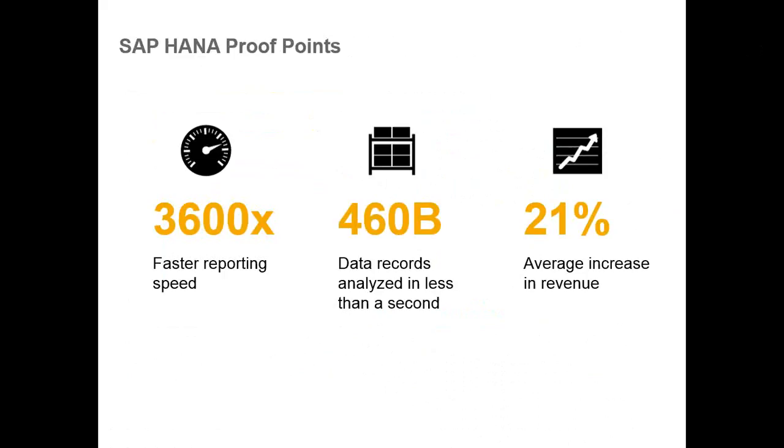If we implement SAP HANA, the table can retrieve and show the result in 1 second. So 3,600 seconds, which is 1 hour, to 1 second. That's the comparison on 460 billion records: earlier it took 1 hour, now it shows in 1 second. That's exactly the comparison for the HANA proof points.